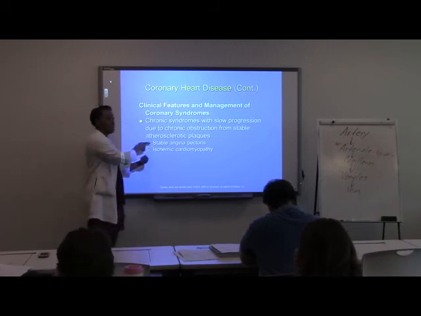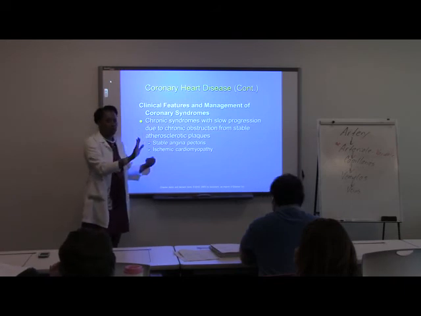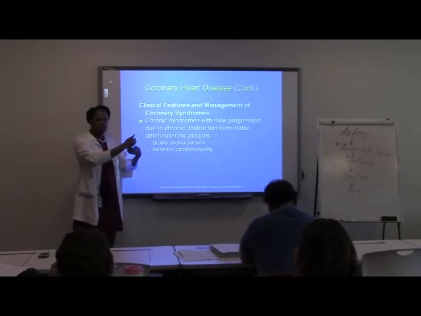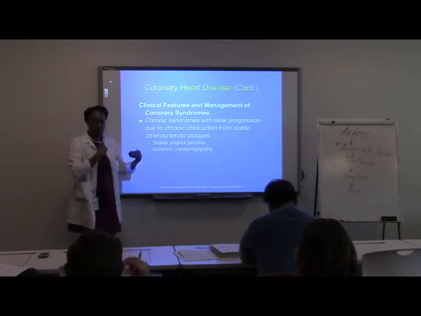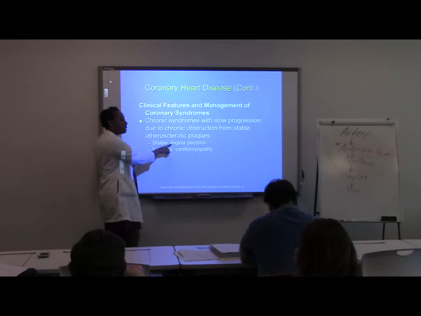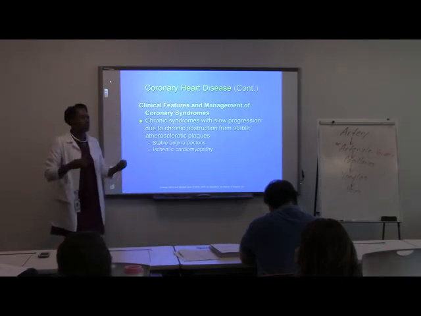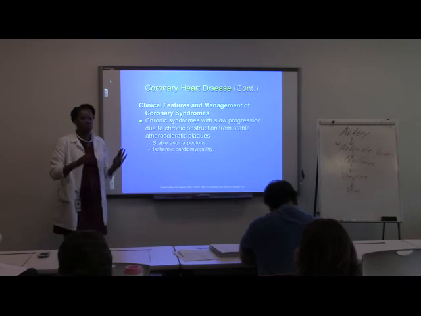This person is having angina, but they're not having a heart attack. It's a stable plaque, just enough to diminish blood flow. So the type of angina they're having is called a stable angina, and I'll explain the difference between stable and unstable in the next 2 slides.